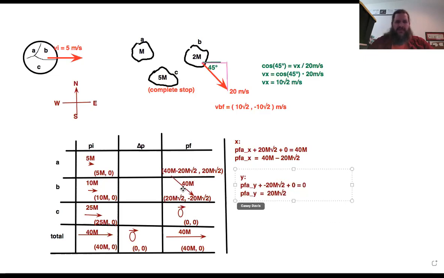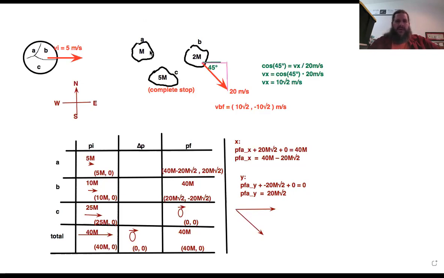If we say we've got three things that add up to 40m to the east, this vector plus something has to add up to this vector. I guess I should probably make this a little longer, because those should be the same length.